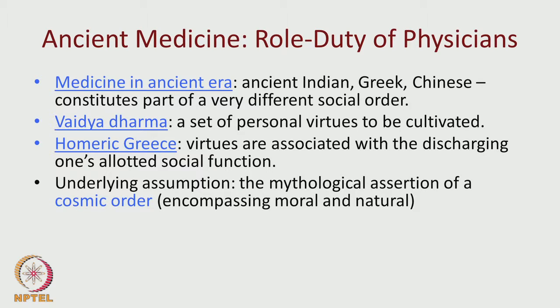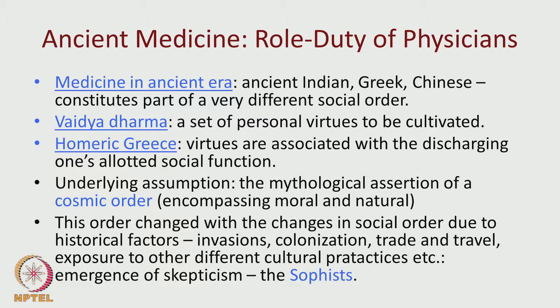The cosmic order encompasses the moral as well as the natural compartments of human reality. So, they cannot be distinguished one from the other. So, this totality of reality, the totality of life, was one of the important features of those ancient days.